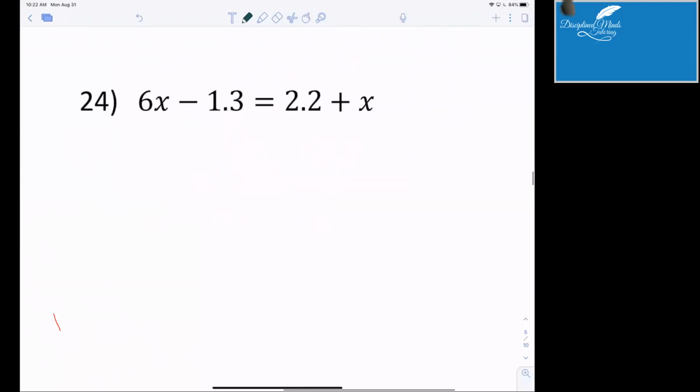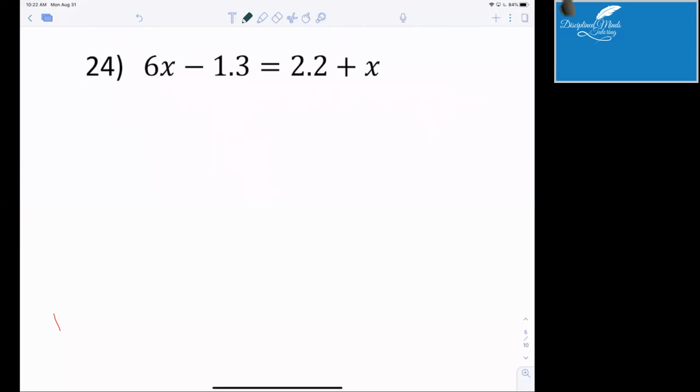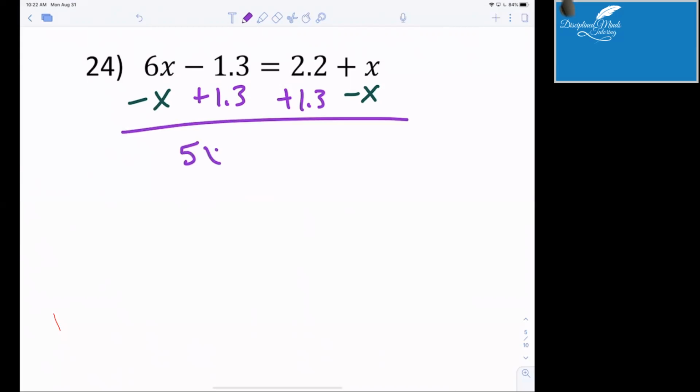All right, Morgan, you need to help me. What am I doing? Minus 6x, minus x. Yep, subtracting x. And then add 1. Add 1.3. And so 5x equals 0.9.